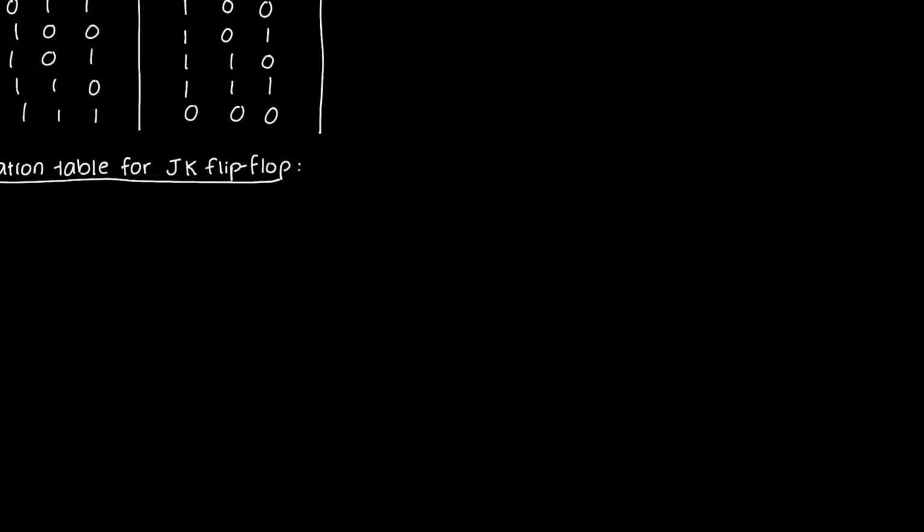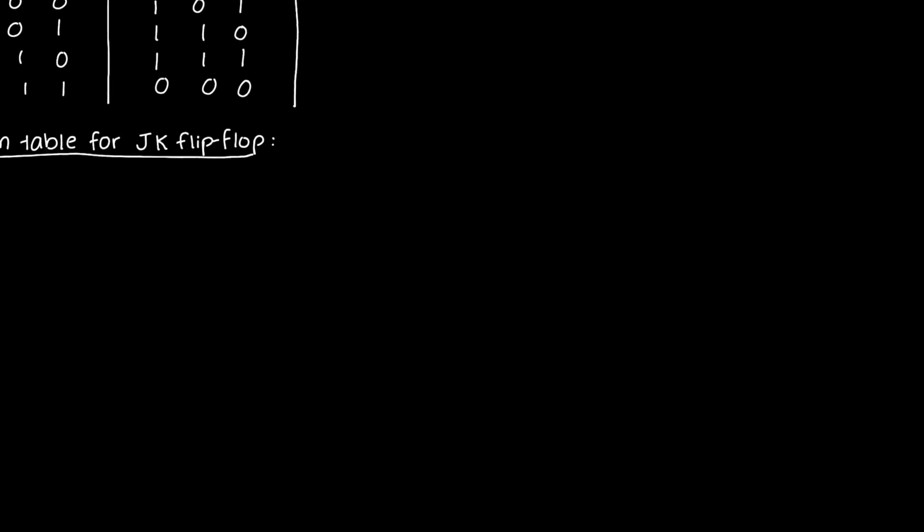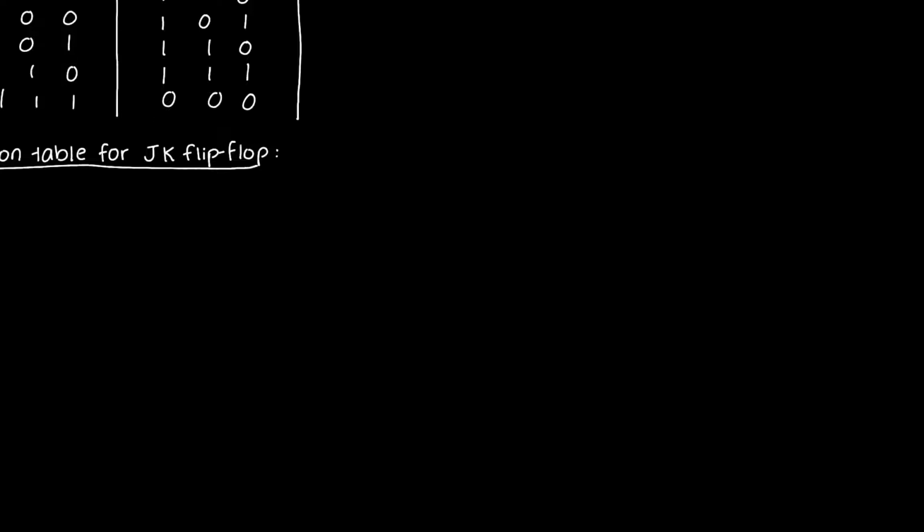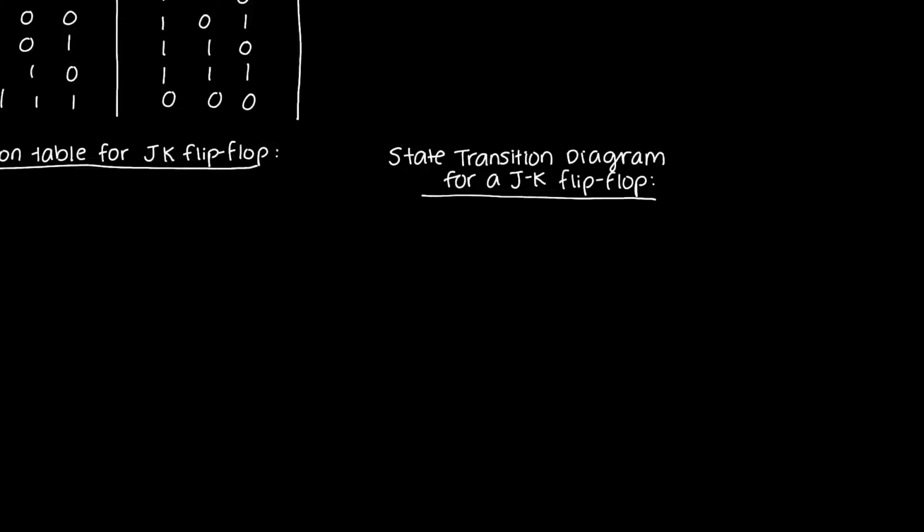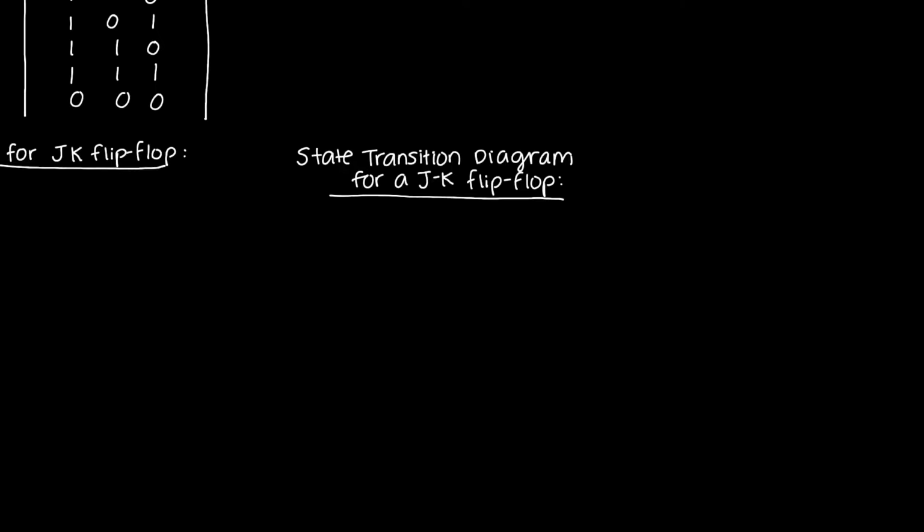Okay, so first off, how I'm going to derive the excitation table is I'm going to start with a state transition diagram for a single JK flip-flop. So the JK flip-flop has 2 states.